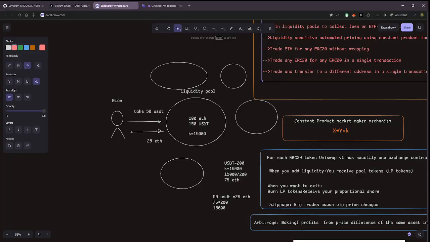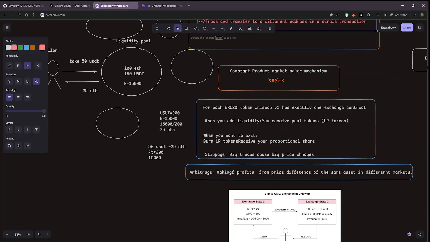But in the real market, suppose the value of ETH is very high, so for 50 USDT you will get only two ETH. What people do is buy cheap ETH from these pools and sell it at higher prices in the market. This work is mostly done by MEV bots and agents, and this is called arbitrage.